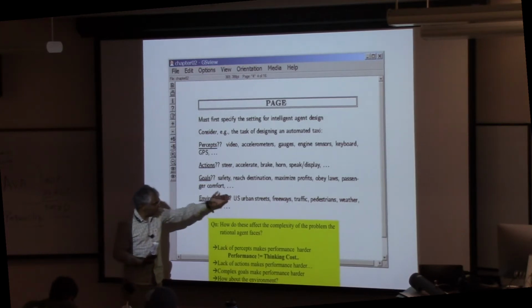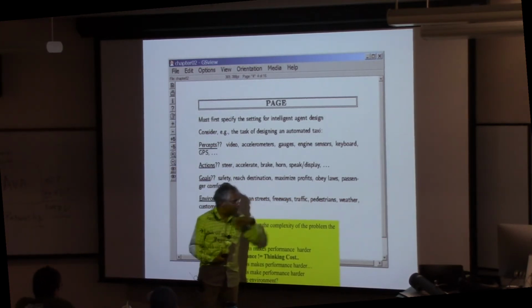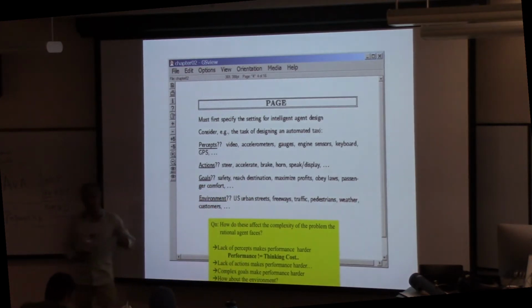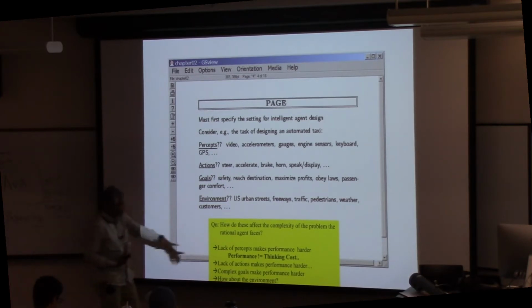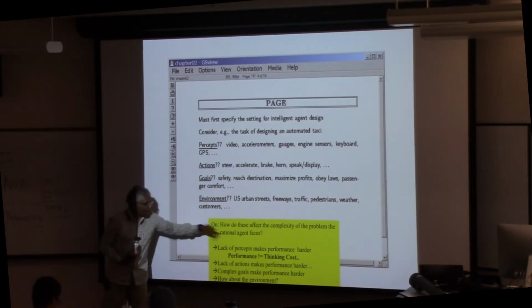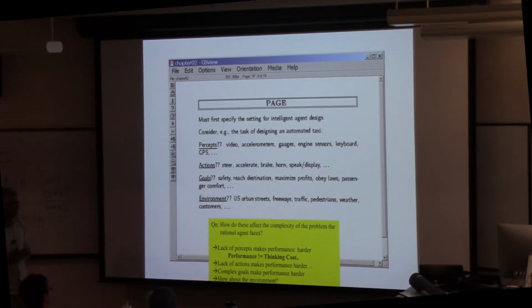And the environments for the cars, of course, would be urban streets, freeways, traffic, pedestrians, weather, customers, all this stuff is part of the environment. Slippery roads, hurricanes, everything is part of the environment. Okay. So the one interesting thing that I want you to think about is how do these affect the complexity of the problem the rational agent faces? Let's talk about it in a qualitative sense.